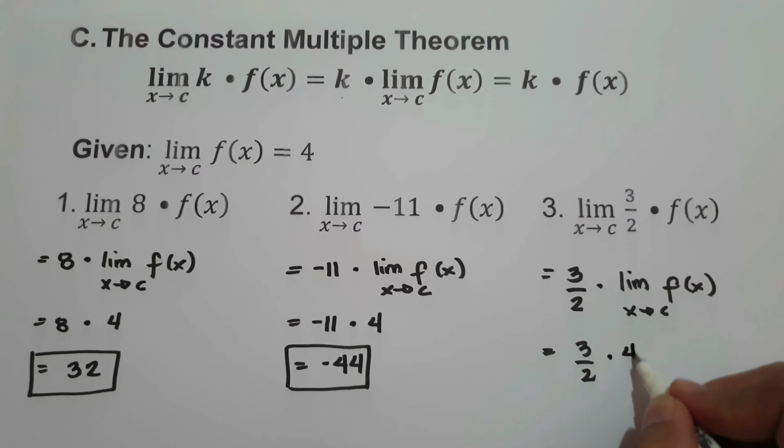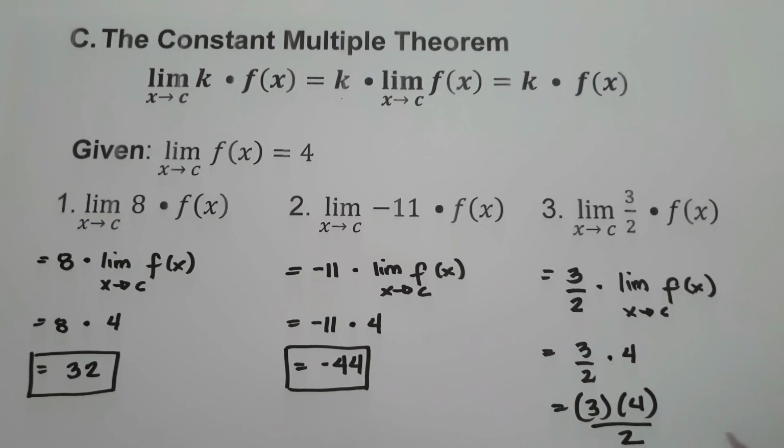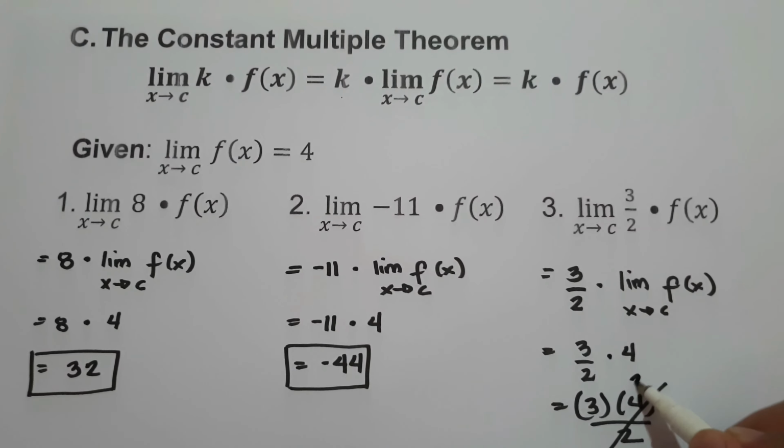This will be equal to 4. So let's have 3 times 4 over 2. We can cancel 4 and 2. So 4 becomes 2 and 2 becomes 1. So 3 times 2 is 6 divided by 1. So the answer is 6. So that is the constant multiple theorem.